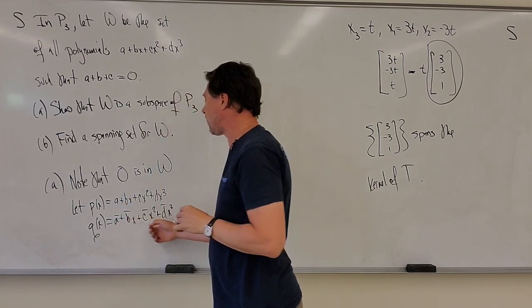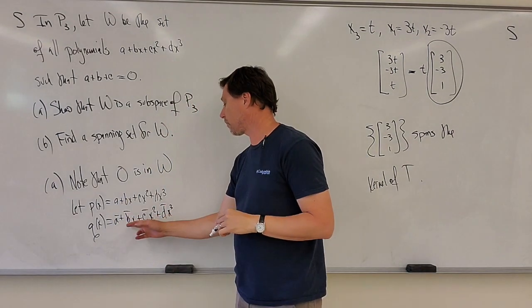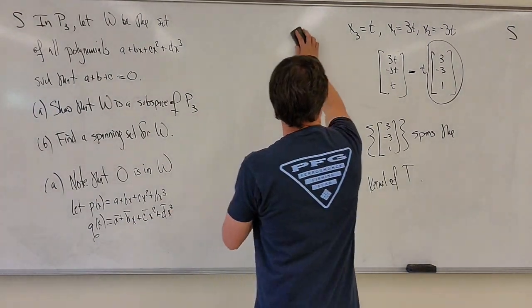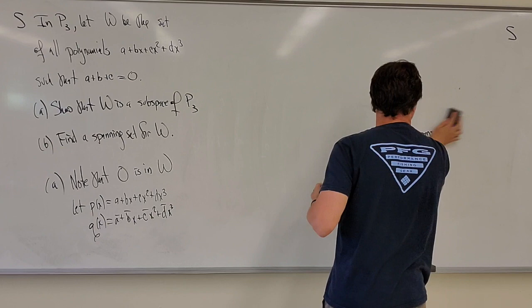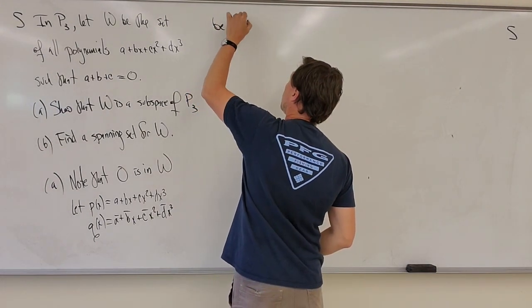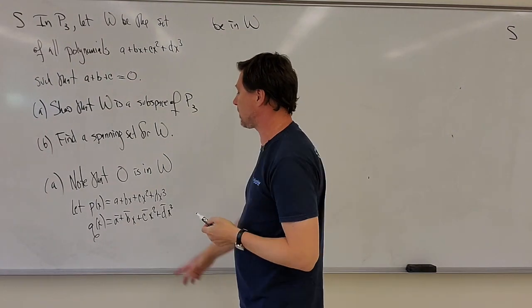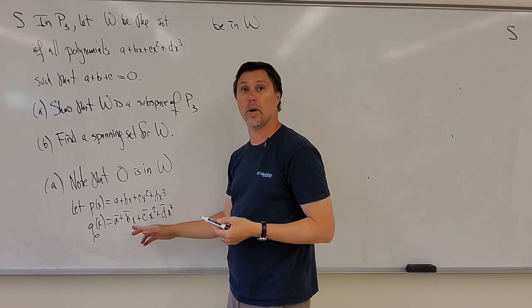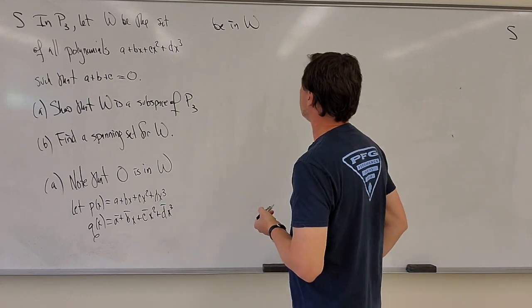So I'm calling the coefficients of the second polynomial A bar, B bar, C bar, and D bar. And I want these to be polynomials in W. So what does that mean? It means that A plus B plus C equals 0, and A bar plus B bar plus C bar is equal to 0.